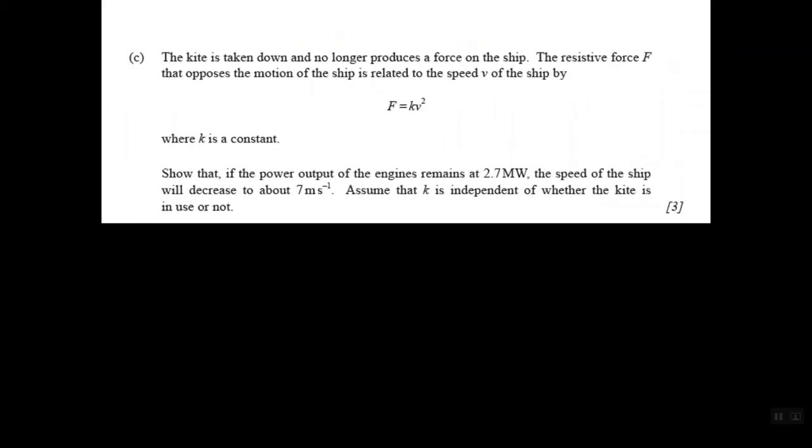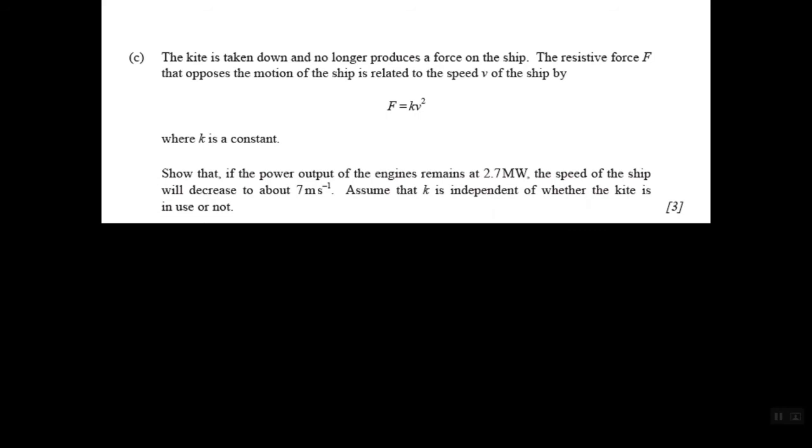C. The kite is taken down and no longer produces a force on the ship. The resistive force F that opposes the motion of the ship is related to the speed v of the ship by F equals k times velocity squared, where k is a constant. Show that if the power output of the engine remains at 2.7 megawatt, the speed of the ship will decrease to about 7 meters per second.